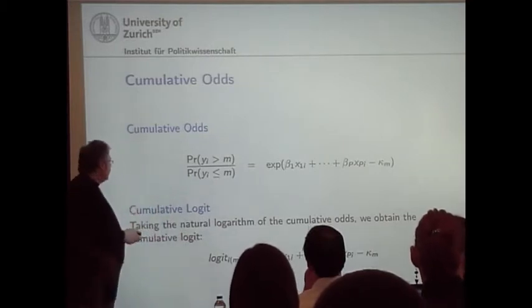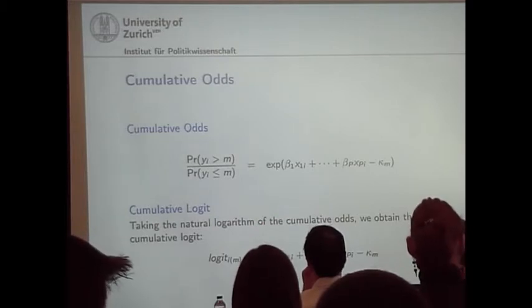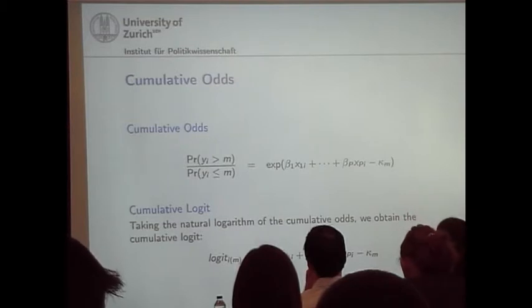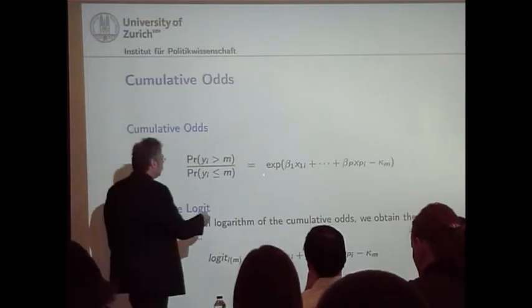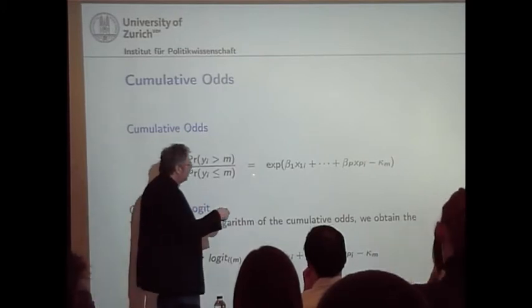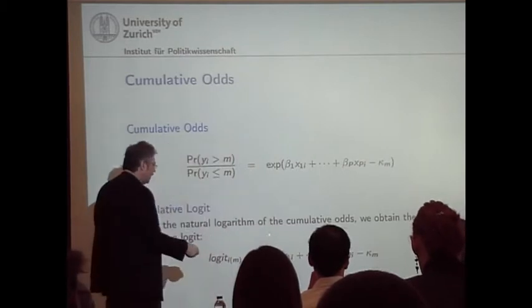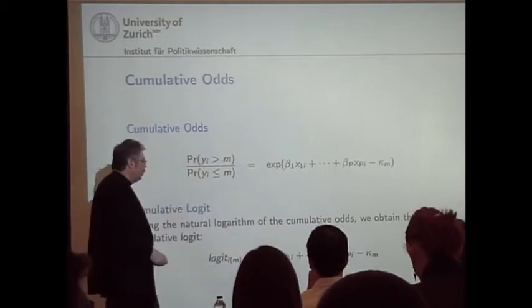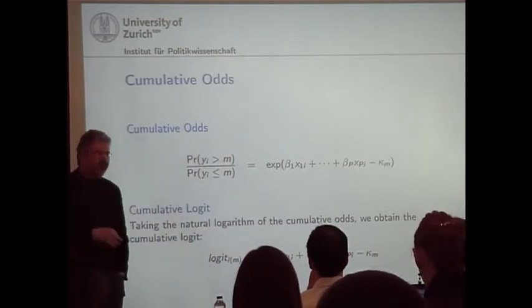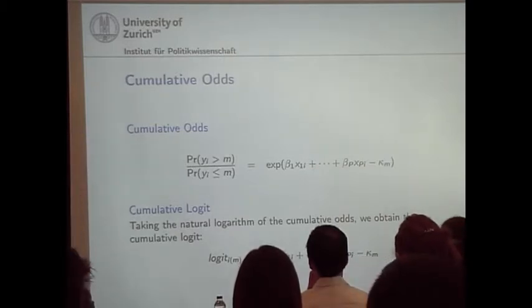And we can then accordingly talk about cumulative logit, which is an idea that I will introduce here because we're going to use it for the multi-level extension. That's just the natural logarithm of this whole thing. And of course, if you take the natural logarithm of the right-hand side, you're just left with the linear function beta 1 x1 plus beta 2 x2, etc., minus the cutpoint alpha.